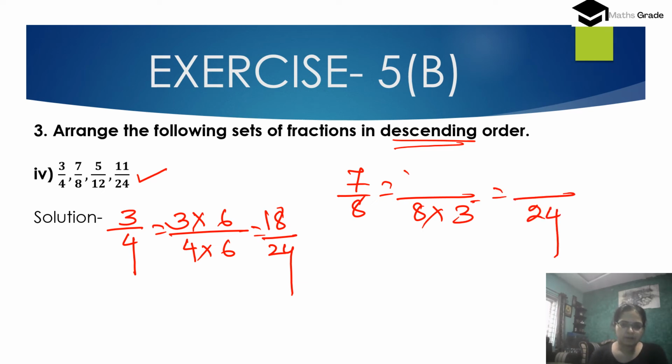So we have to multiply the same number 3 with the numerator 7. Now 7 multiplied by 3 is 21, and 21 divided by 24 is the equivalent fraction of 7 divided by 8.